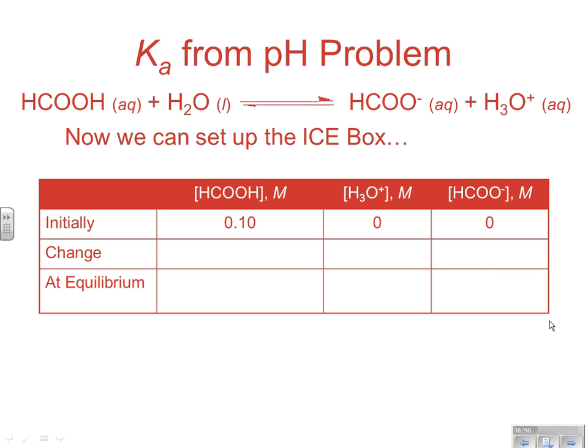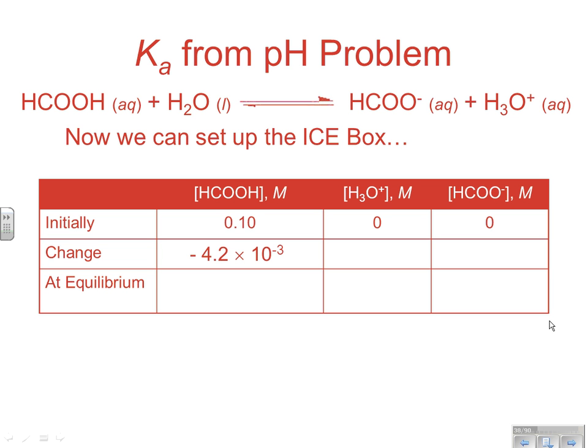So when we take a look at what's happening in our ice table, remember they said we had a concentration of the acid of 0.10 molar. And at time 0, we have the initial situation here. We have absolutely no H3O plus and HCOO minus. From there, we're definitely going down on reactants and up in products. It's a 1-to-1-to-1 stoichiometry.